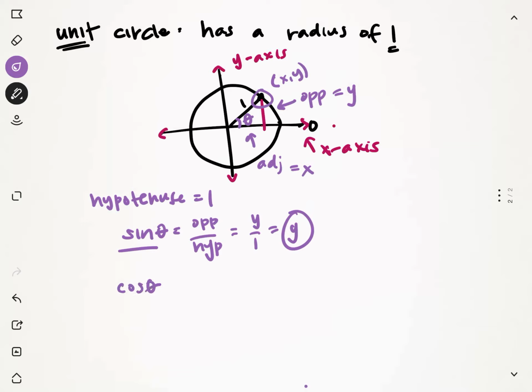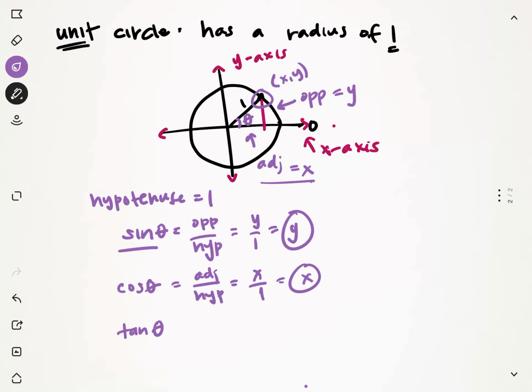Okay, so likewise, cosine equals, well, cosine is adjacent over the hypotenuse. The adjacent we said was equal to x, so it's going to be x over hypotenuse is always 1. So the cosine is just going to be the x value from whatever point we're looking at.